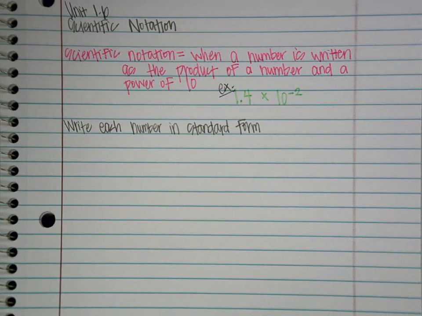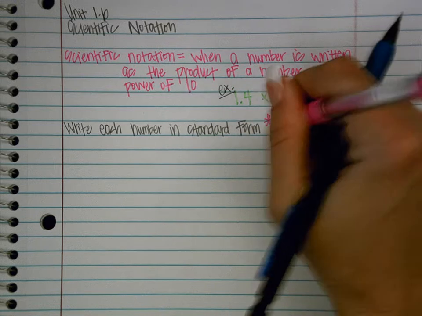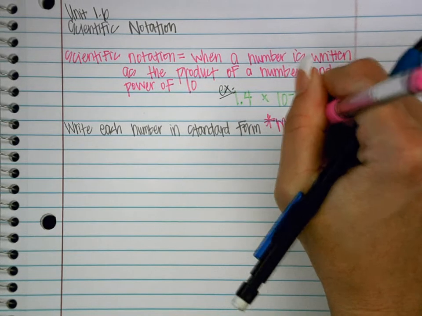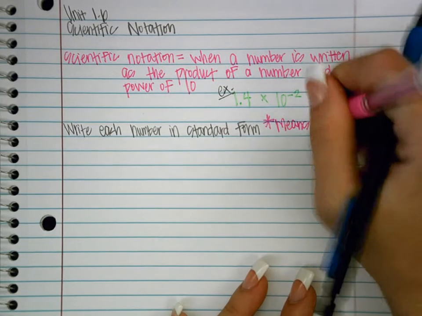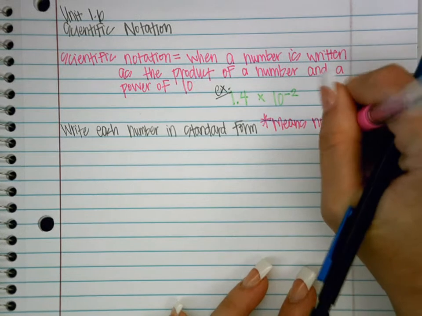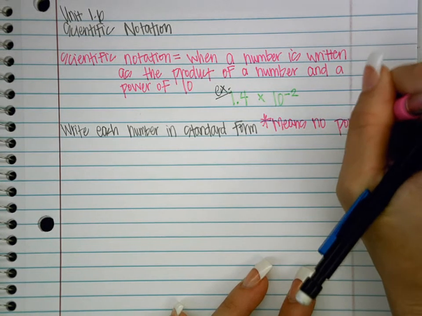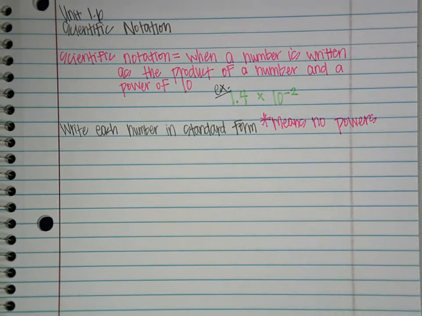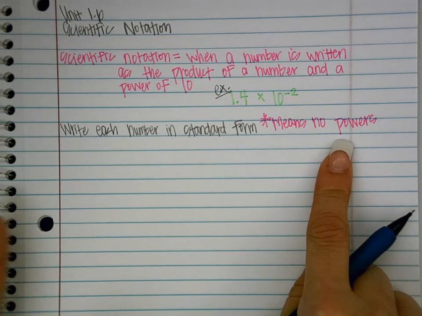And we're going to write ourselves a little note. Standard form, this means no powers. Okay, so standard form just means we're going to go from something written in scientific notation to just its plain number form. So that means no powers in standard form.